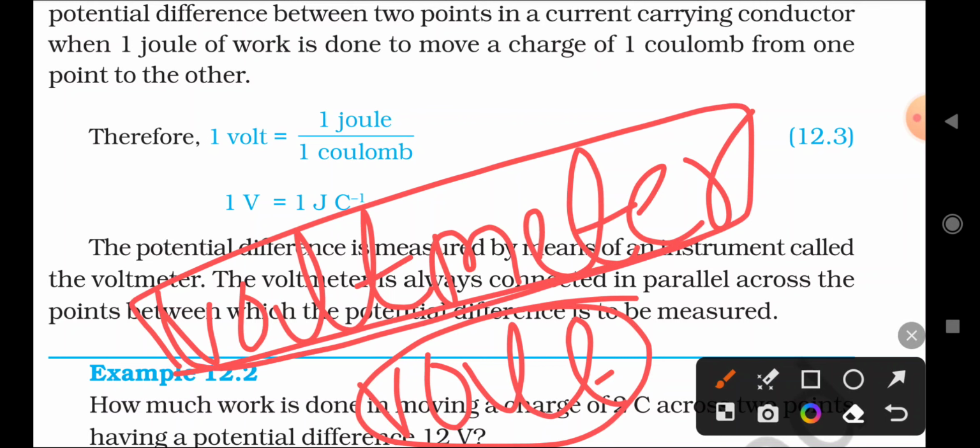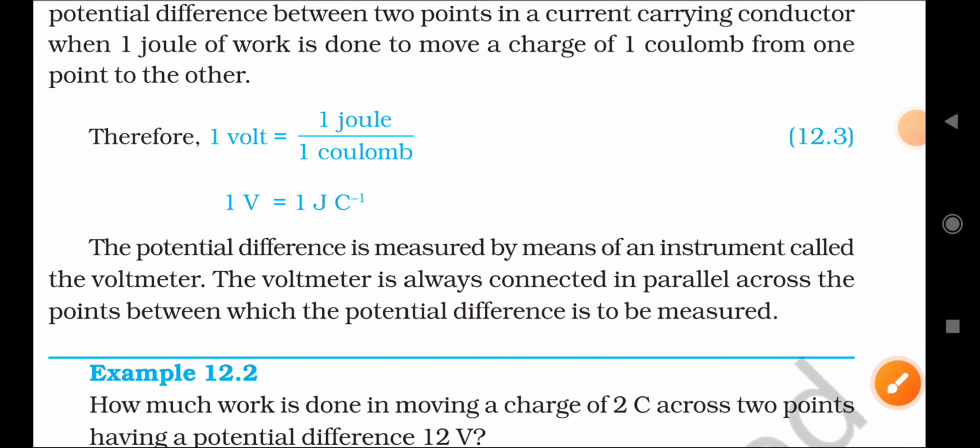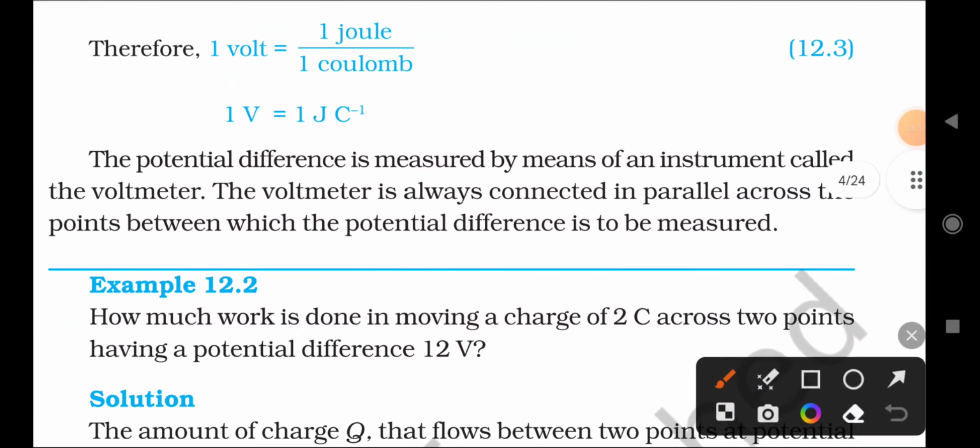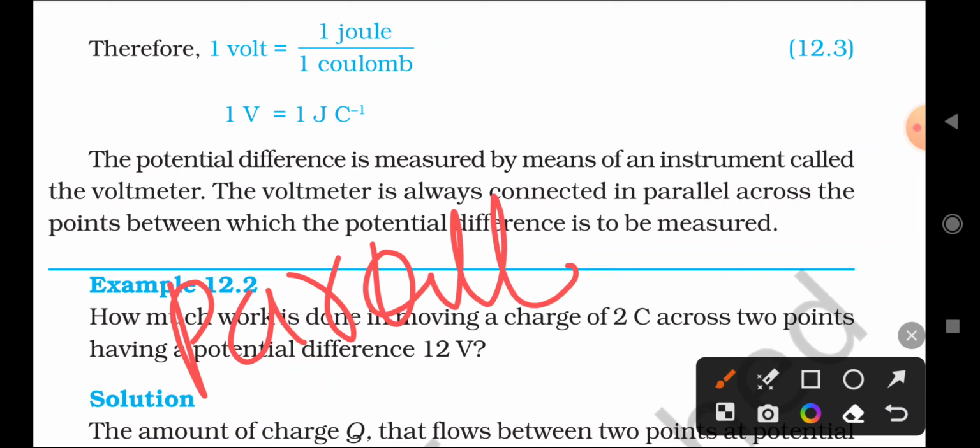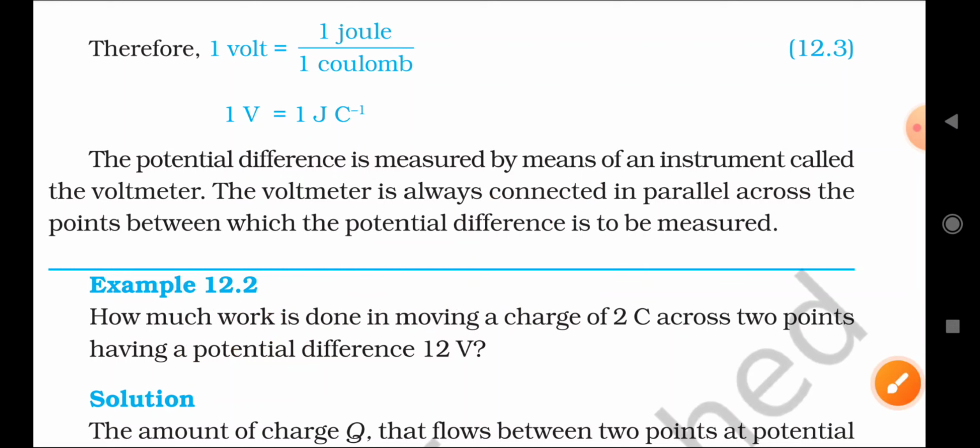What is the SI unit of potential difference? You can write a volt. Again, the voltmeter is always connected in parallel in a circuit. Remember, this is also very important. It should always be connected in parallel across the circuit. Remember that.